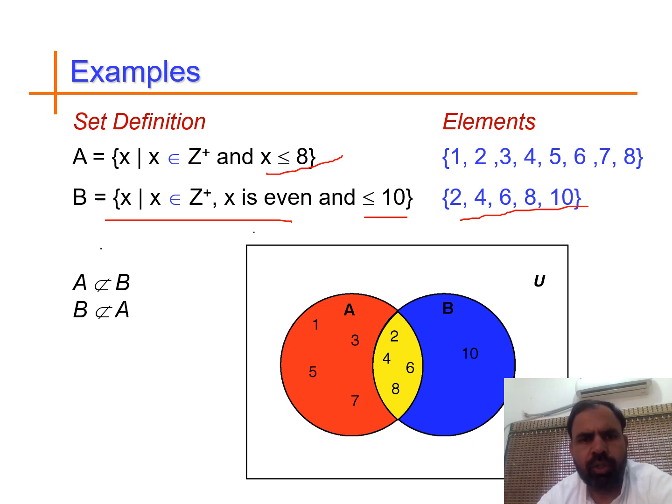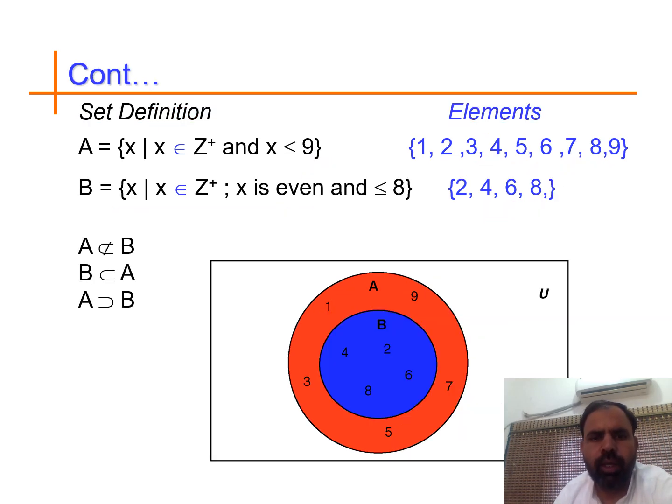If we take A and B, the common points are 2, 4, 6 and 8. So we can highlight it with a yellow color, and this shows that A is not a proper subset of B, and B is not a proper subset of A because this element is not contained in this.